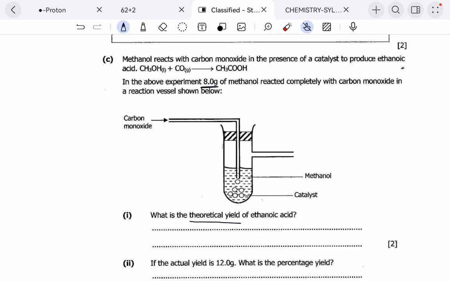Okay, so we are finding the theoretical yield of this product, while we're given the mass of methanol. The first thing is we have to ensure that the reaction is balanced. And looking at the reaction, yeah, it looks balanced. So how do we go about it?